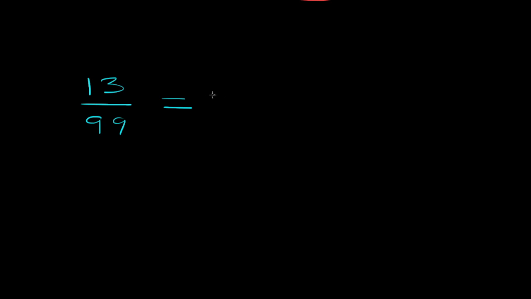So it's also going to be the same. 0, and then the numerator is going to repeat itself. Remember, when you're drawing the bar, it's supposed to be on top of all the numbers that will repeat. So 0.13 repeating. That means that the 13 is repeating itself.